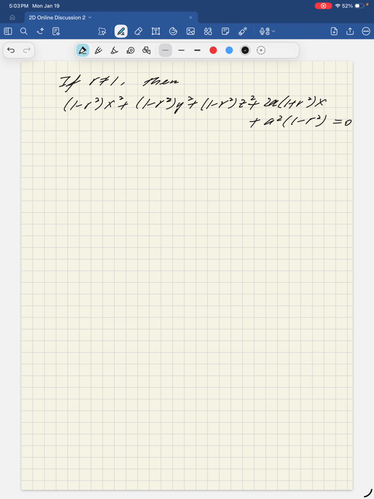And since R is not equal to 1, 1 minus R squared cannot be 0. So we can divide both sides by 1 minus R squared. So we get x squared plus y squared plus z squared plus 2a times 1 plus R squared over 1 minus R squared x plus a squared equals 0.